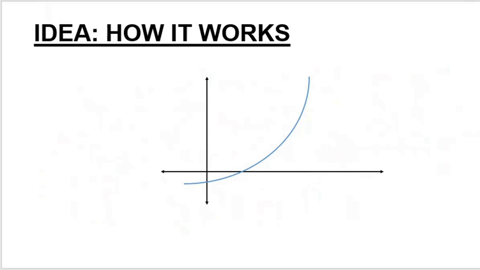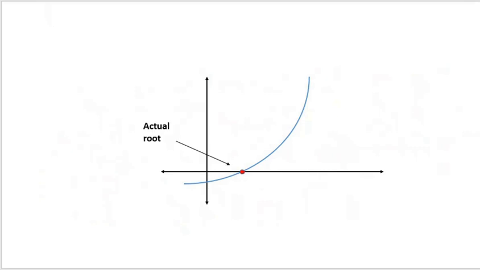Now students, what is your actual root here? This point, the red dot, is your actual root. The main idea is that our function was given, and we want to reach this point.